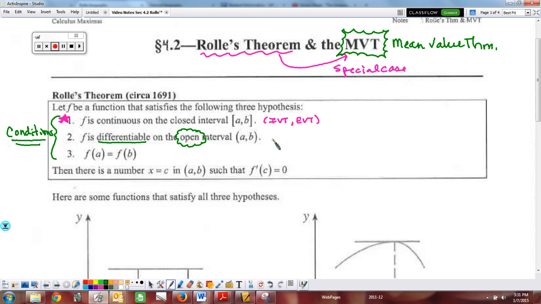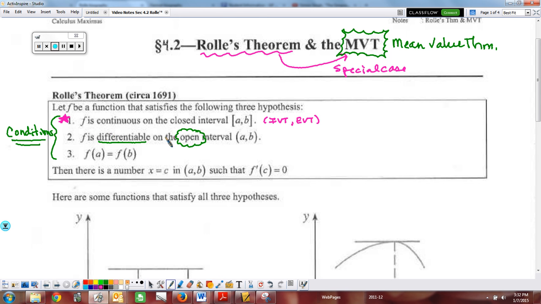You might want to remind yourself that it's only differentiable if the derivative approaches the same value from the left and the right of a point, and if I'm at an endpoint, then I do not have a left and a right side, so it's not going to be differentiable at the endpoint. So try to resist the classic mistake of saying that it's continuous on a closed interval and differentiable on a closed interval. You cannot be differentiable on a closed interval. All right? So we're simply looking for differentiability in the open interval.